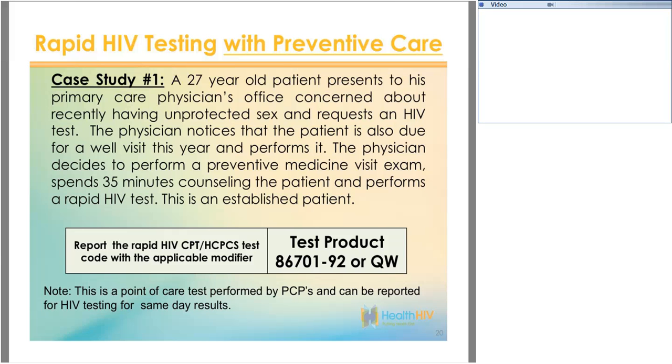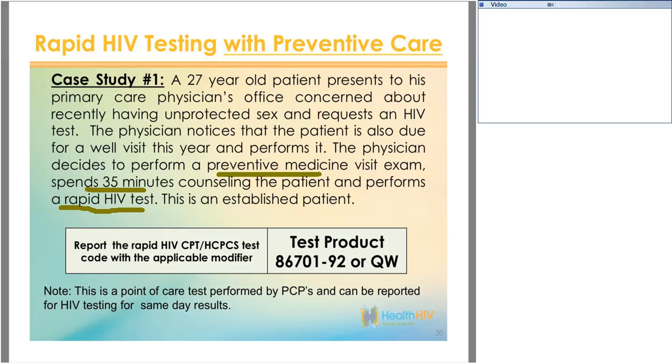You can perform a well visit during a regular routine request from a patient that comes in for counseling or for HIV testing. So 35 minutes is spent with the patient doing counseling, and the physician does a complete well visit exam and then also reports the test.